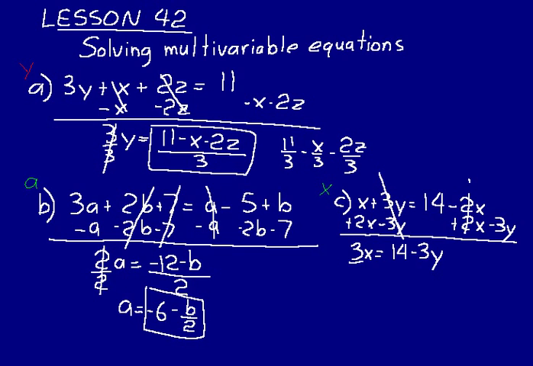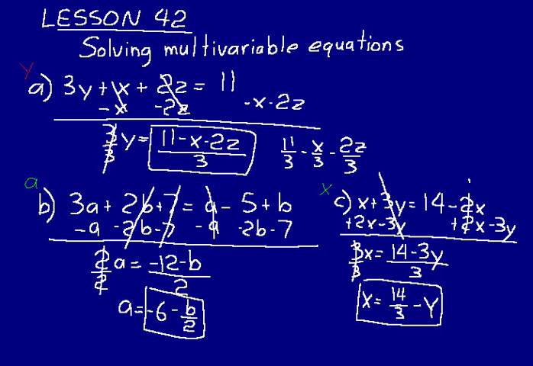Divide everything on both sides by 3. The 3's cancel on the left, and we end up with x is equal to 14 thirds minus y. Now you can change that 14 thirds to 4 2/3 or just leave it 14 thirds like that. Either way is okay.